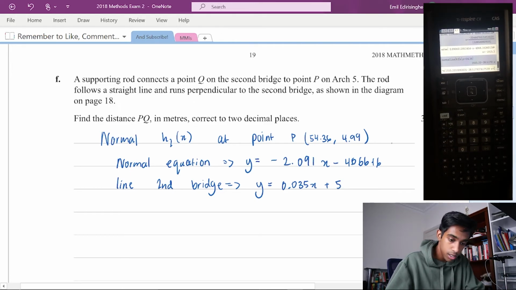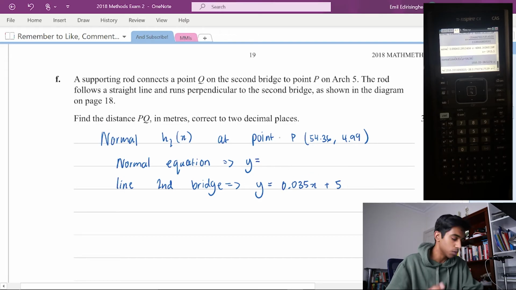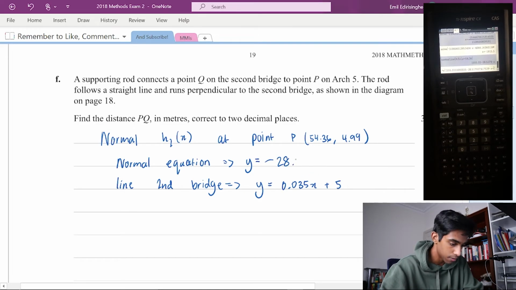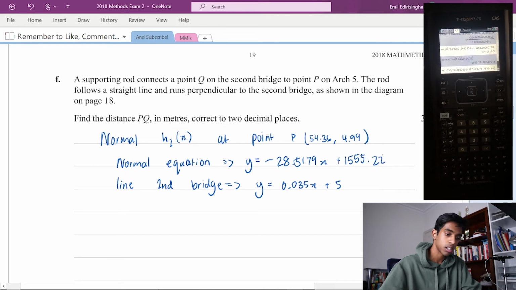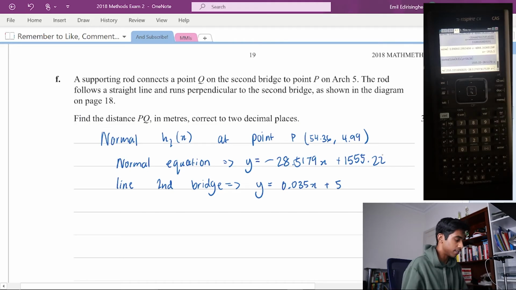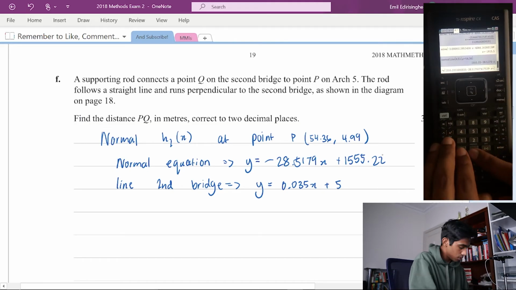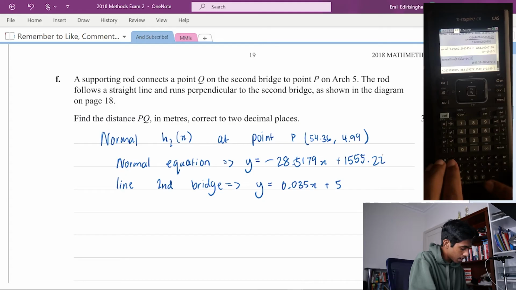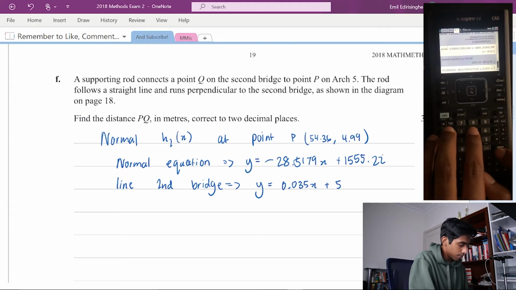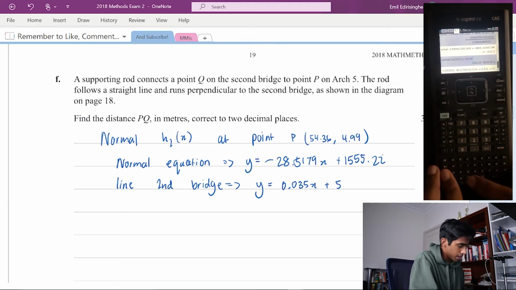So the normal equation is going to be negative 28.5179x plus 15522, and then we've got this line of the second bridge is equal to 0.035 times x plus 5, comma, x.